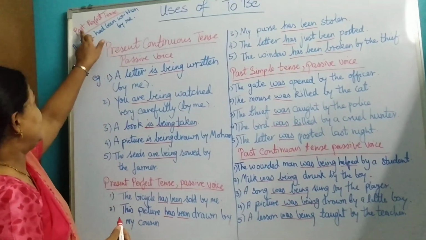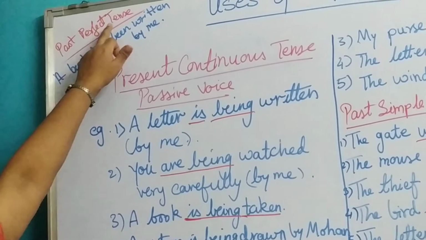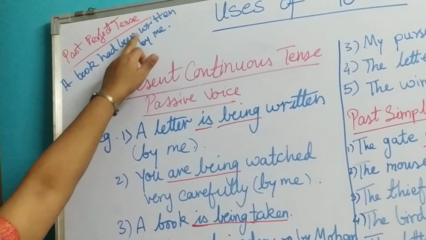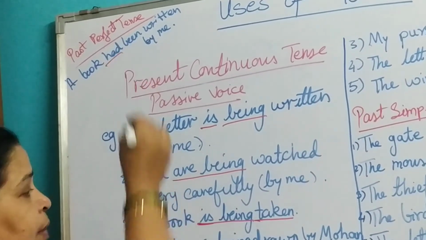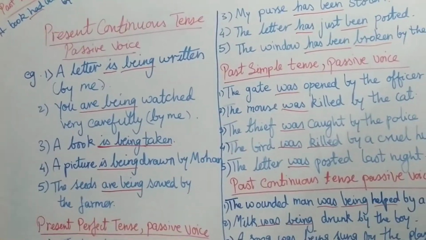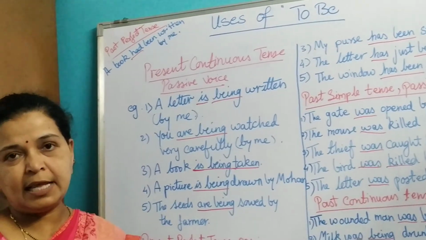Similarly, we can use to be in past perfect tense. Like one example I have written, a book had been written by me. Here, what is the difference between present and past perfect? In present perfect, we use has or have as the helping verb.